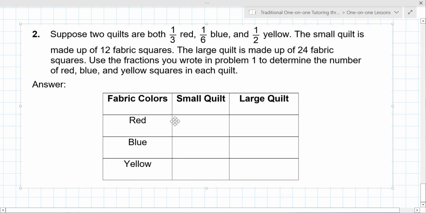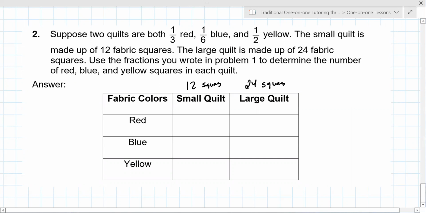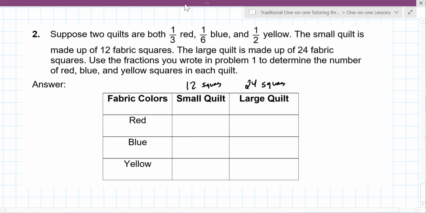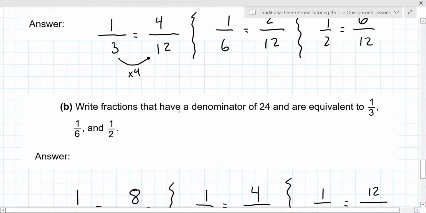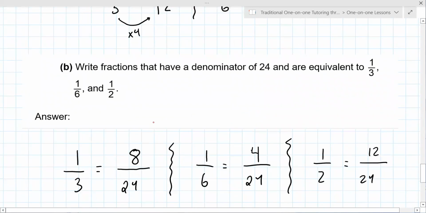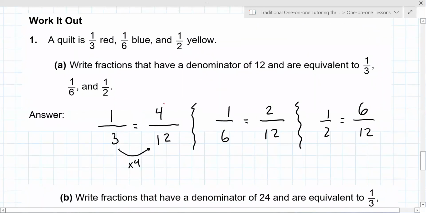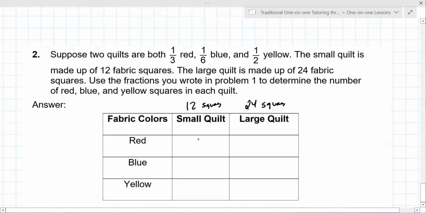So to fill out this table, the small quilt has 12 squares and the large quilt has 24 squares. Okay, so we're going to look at the 12 squares first. The red one is going to have, and we got to go back and look for that number, it's going to have 4 squares. Do you see that? 4 squares. So we're going to put that in the table here.